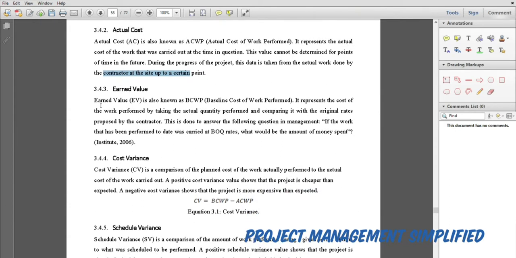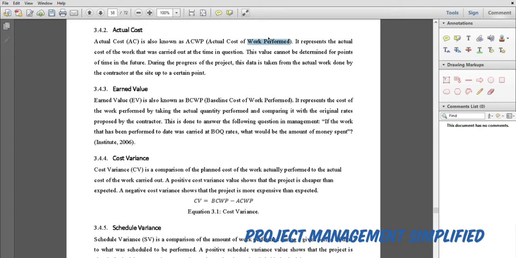The third one is called the earned value, EV, also known as the baseline cost of work performed. Again, we have work performed here and work performed here also. This is the same amount of work. We came for this today and we want to check the work that we have done.